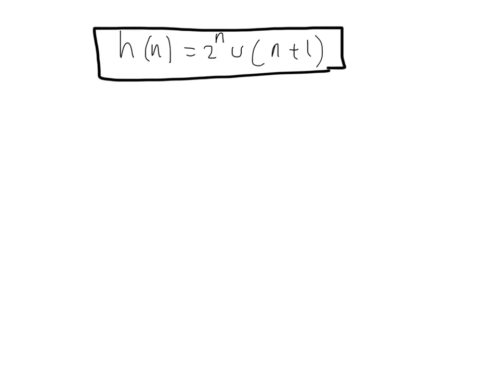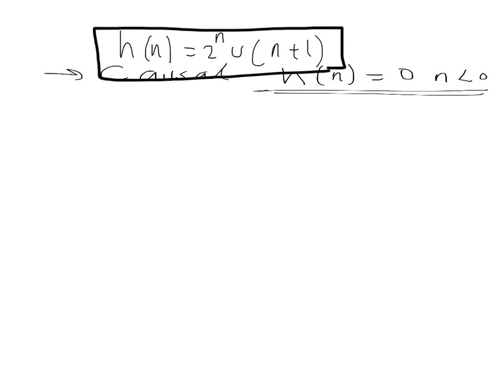Now the first thing is: is the system causal? Let's justify our answers by saying h of n equals 0 if n less than 0. Let's see if it applies to that or not.